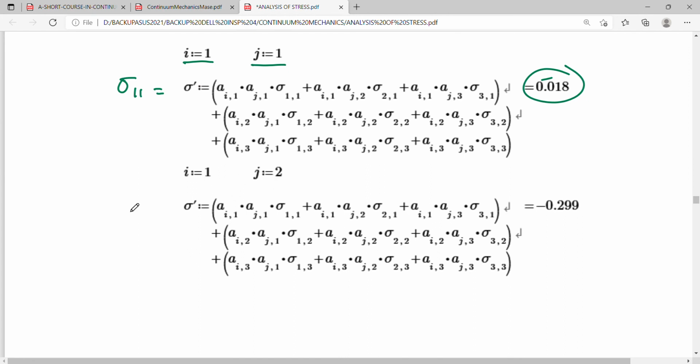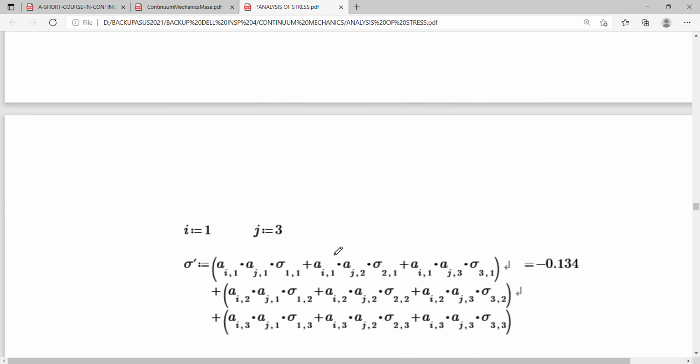So this is now a sigma 1, 2, and then I get this one here. But look, if you are doing it using a simple calculator, it would really be very, very tedious and tiresome to do this. Okay, so here I just change I equals 1, j equals 3 to get a sigma 1, 3, and I get this one here.